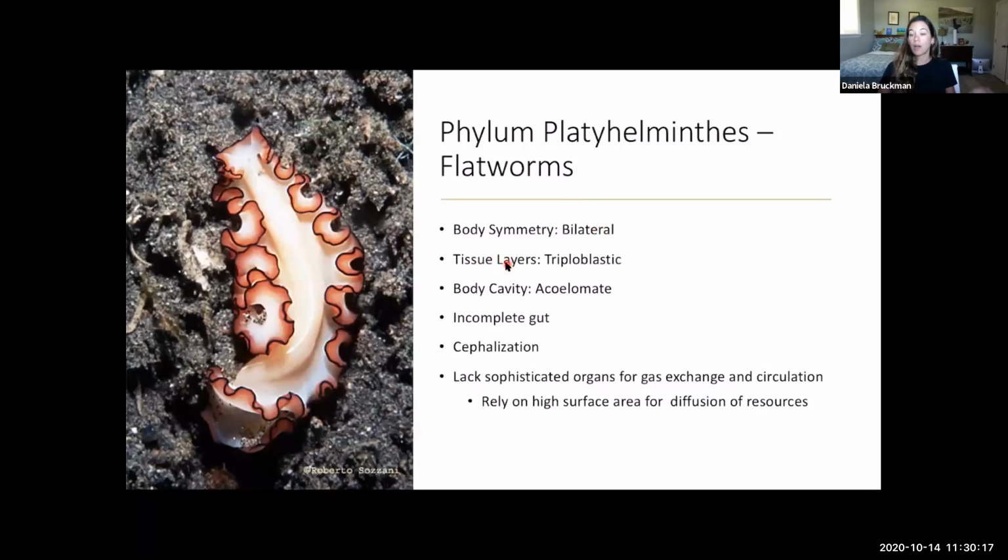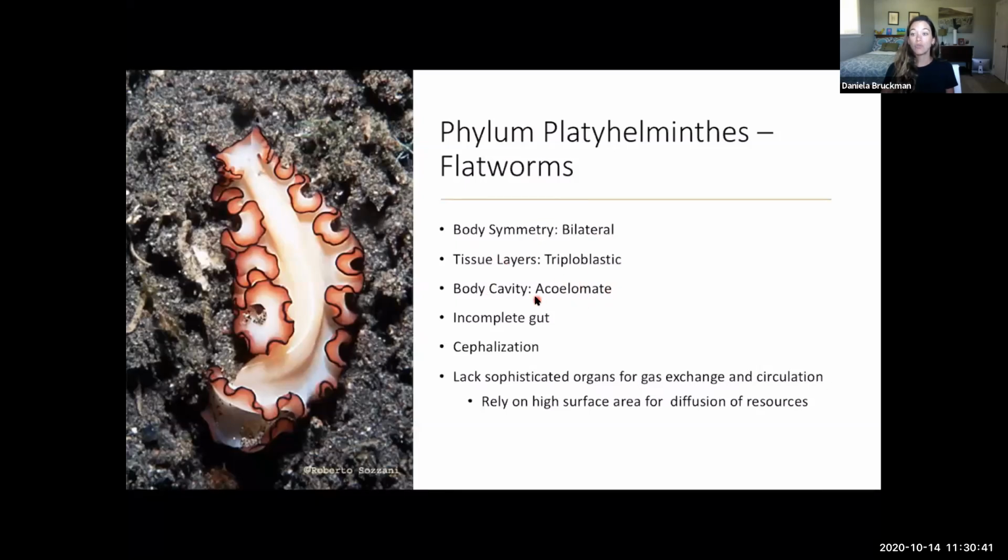These animals also have 3 tissue layers, so let me just say that every single animal phylum from here on out is going to be triploblastic. That's a nice pattern to remember: the bilaterally symmetrical animals are also the triploblastic animals. This is an animal phylum that is represented by the acoelomates.